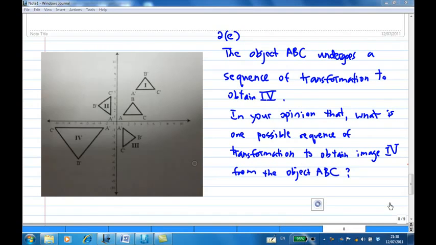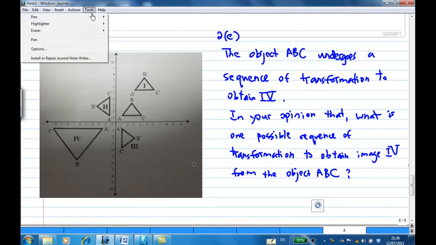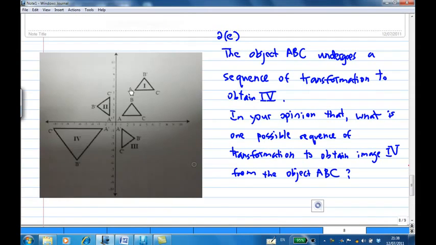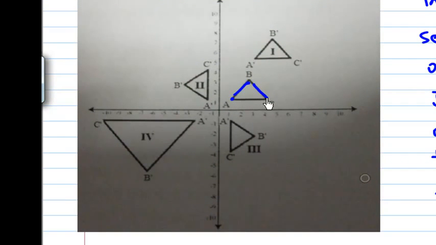The object ABC undergoes a sequence of transformations to obtain image 4. So let's look at the picture. Here is my object ABC, and it undergoes a sequence of transformations to get image 4, A prime, B prime, C prime.